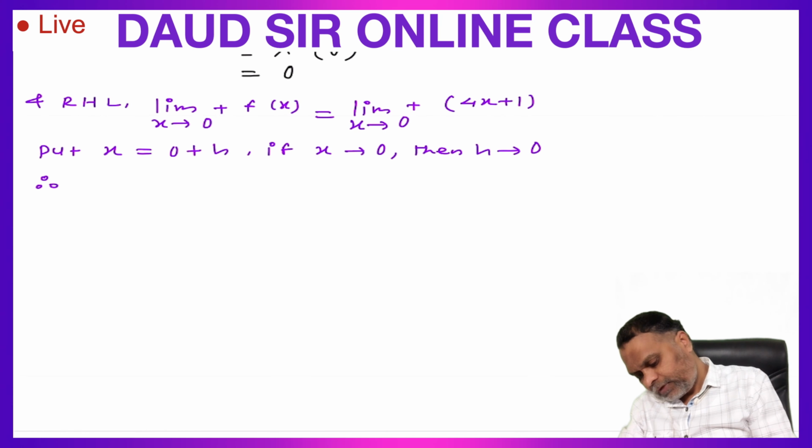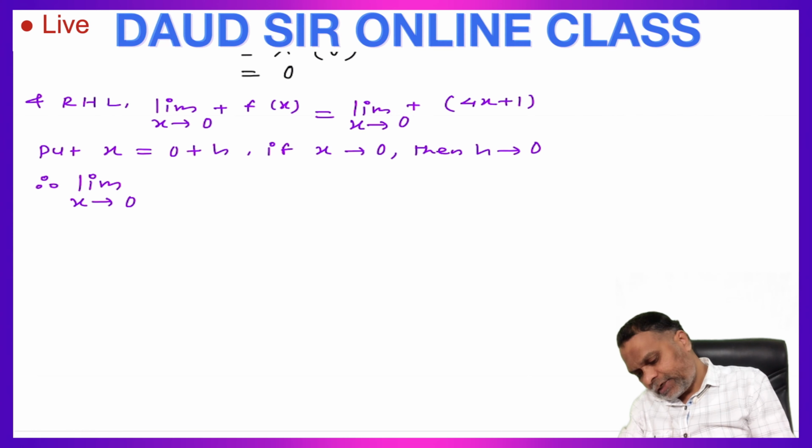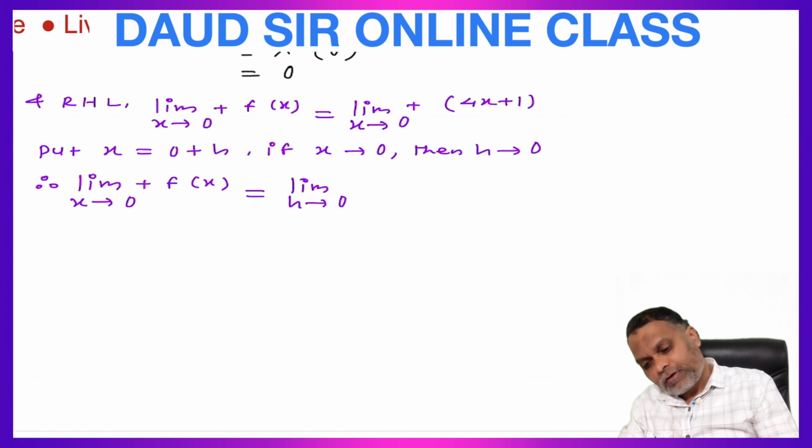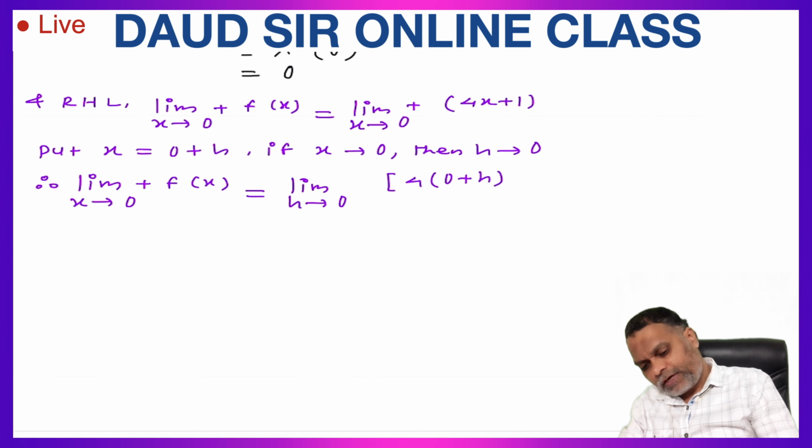Therefore, the right hand limit limit x tends to 0 plus f of x is equal to limit h tends to 0 of 4 into (0 plus h) plus 1.